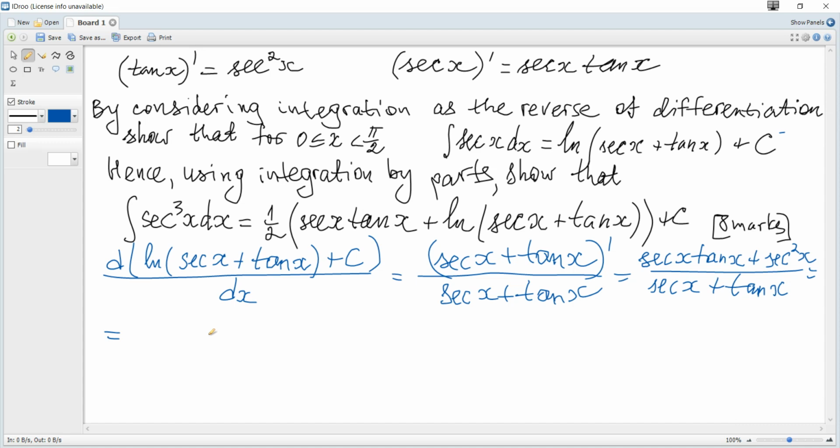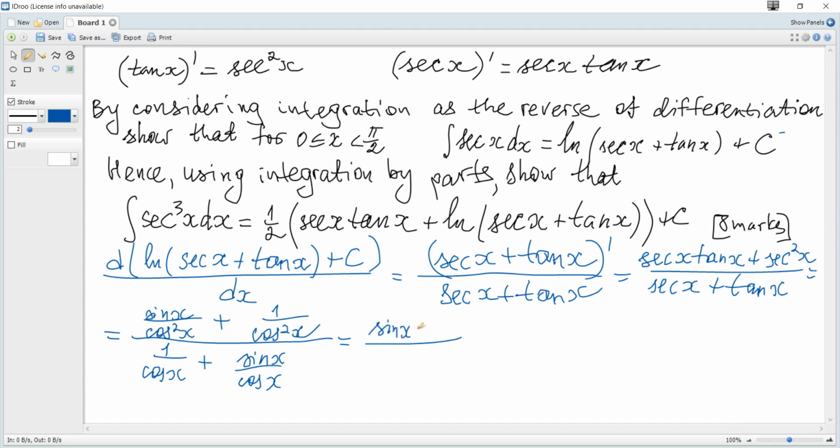There may be a few ways to simplify it. I just write secant as 1 over cosine and tangent as sine over cosine, and get (sine over cosine squared plus 1 over cosine squared) over (1 over cosine plus sine over cosine). Multiply each term by cosine squared and get (sine x plus 1) over (cosine plus sine times cosine).